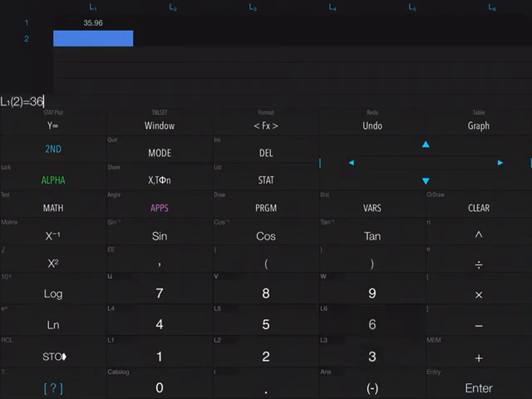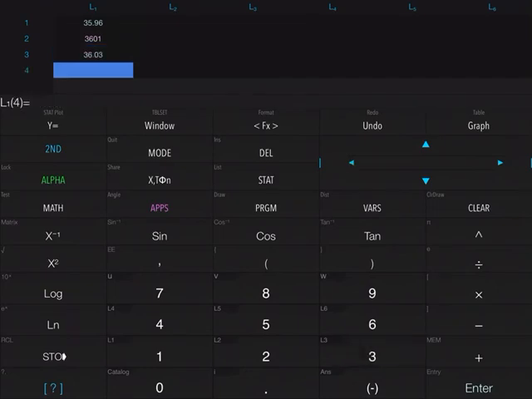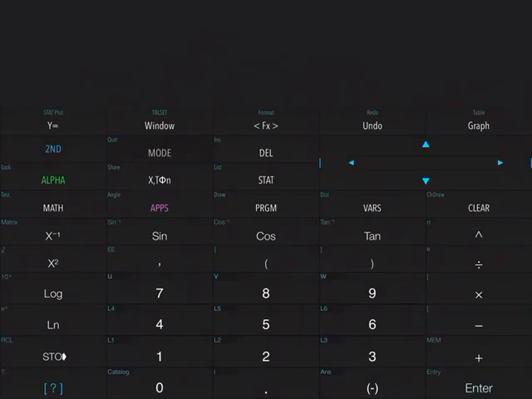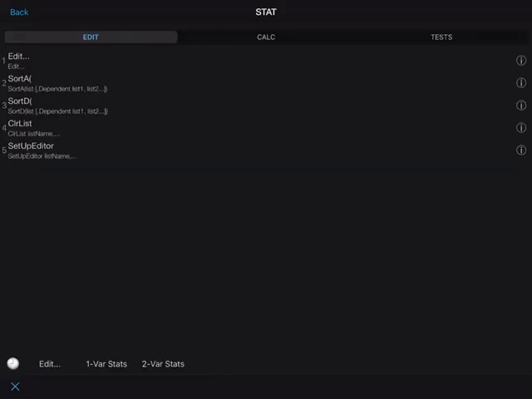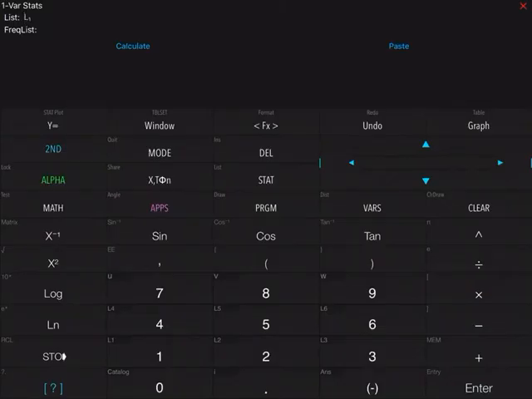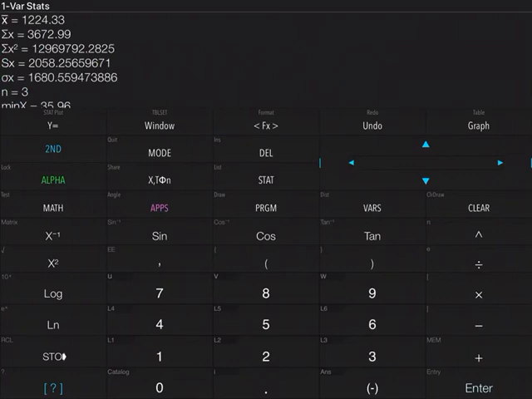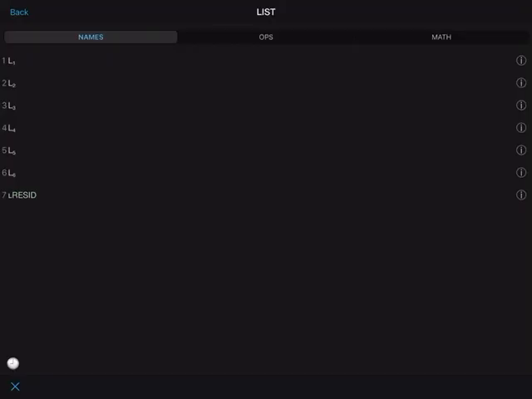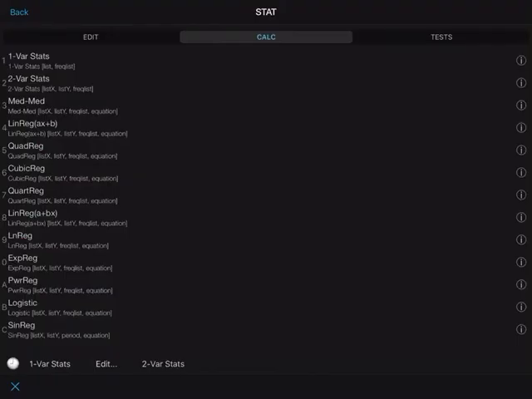And we had 35.96, 36.01, 36.03. So we've got our list typed in, and then we just go into stat, calc, 1-bar stats.